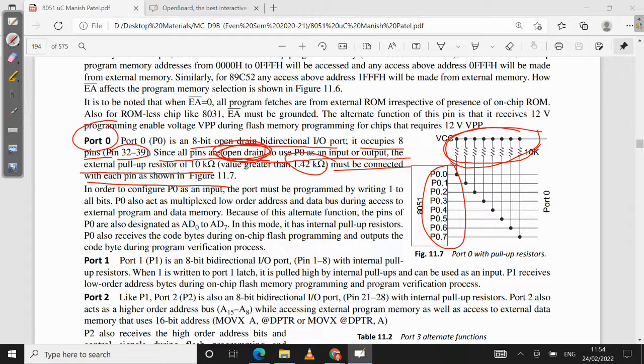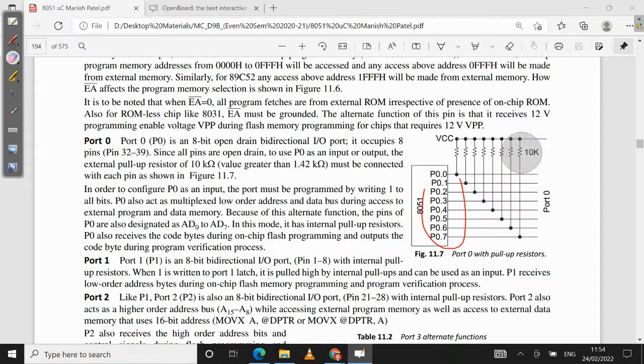Okay, so please see what you mean by open drain, and I will ask you afterwards.